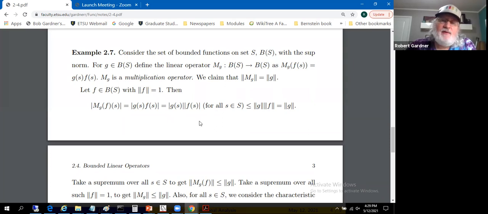Similarly, the norm of F is greater than or equal to one of these specific values. So we've got a bound of norm of G times norm of F. But remember, we chose the norm of F to be 1. We chose F as a unit vector. So this simply equals the norm of G.